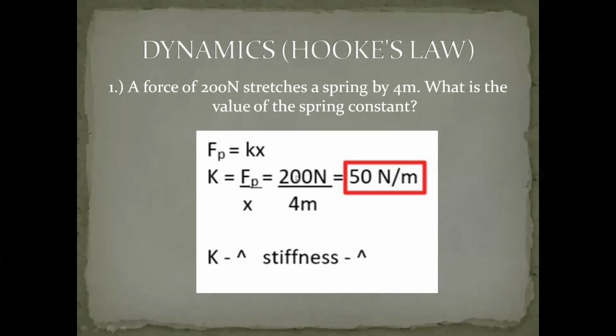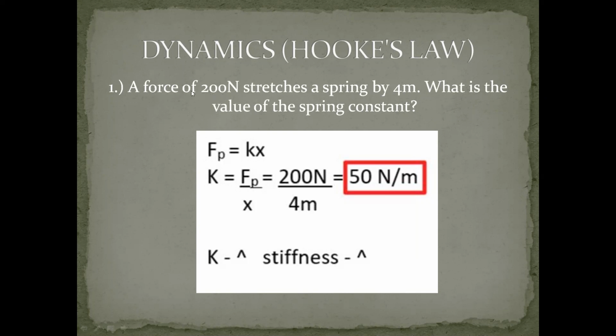So you're just going to divide that both and you're going to get 50 newtons per meter. So our logic behind that is for every 50 newtons, you can stretch that spring by 1 meter. Kaya try nyo i-multiply to by 4. Ang magiging sagot nyo dyan is 200.